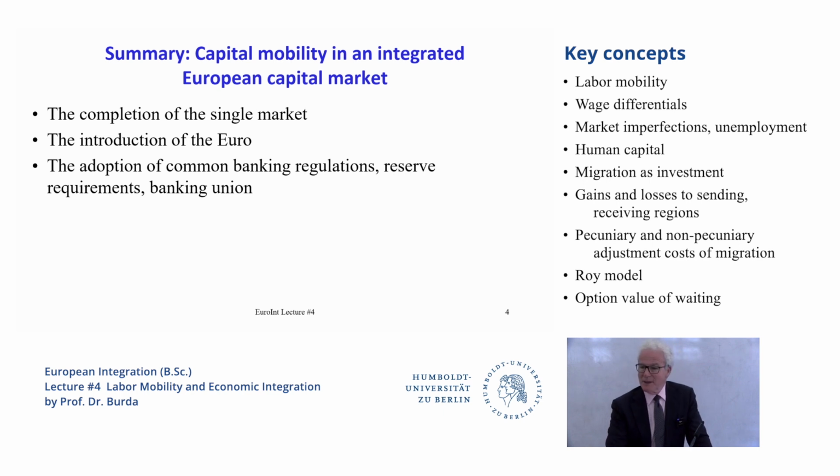It's still a problem. It could be a problem in Europe. That's why talking about a banking union at the end of the course is an interesting topic. But again, we're still only talking about real capital, so we're not talking about the banking union yet, but the banking union will help move capital more rapidly than it did, say, 30 or 40 years ago.